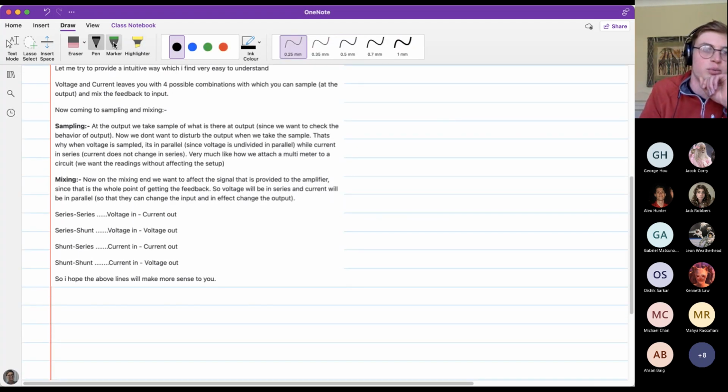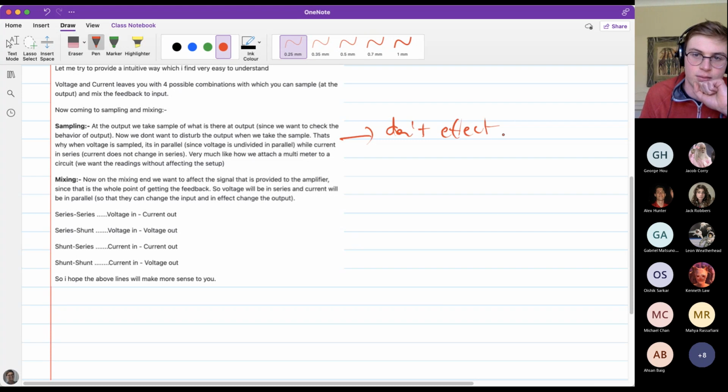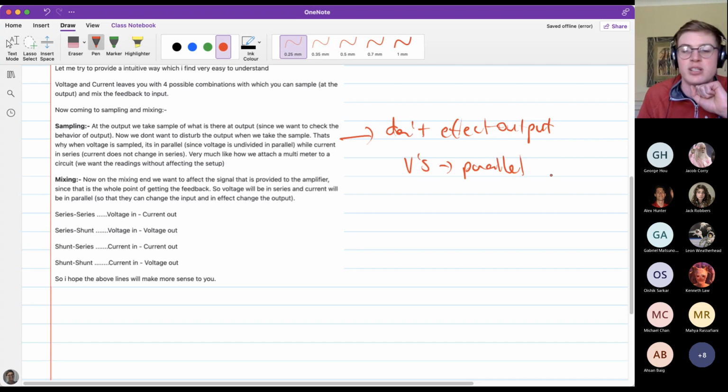So in terms of an intuitive way to understand this, someone described it as in sampling, we don't want to affect the output, right? So if we have voltages, say I want to sample the voltages, then I would do that in parallel, right? It's the exact same as when you say you want to check the voltage across this resistor, you connect your multimeter or your voltmeter in parallel across it.